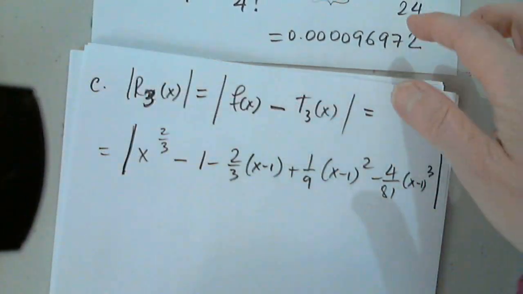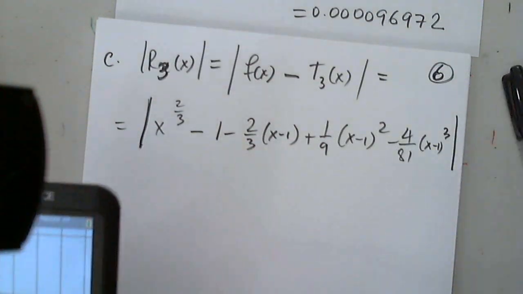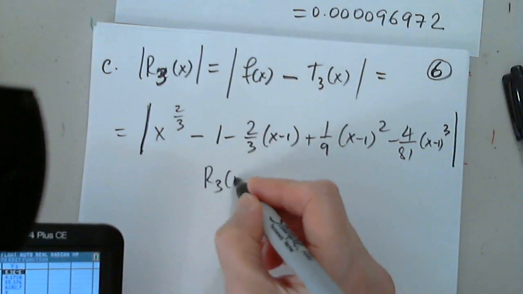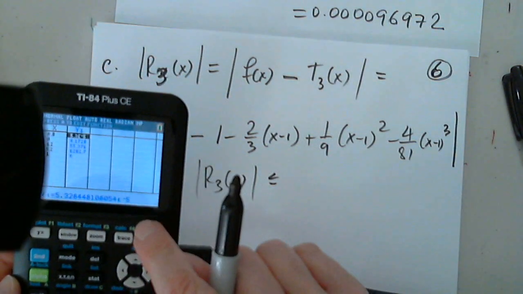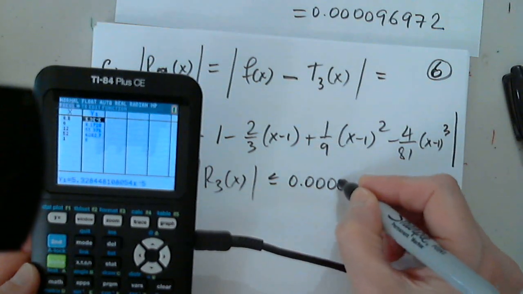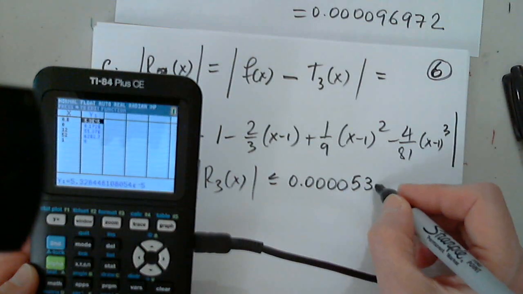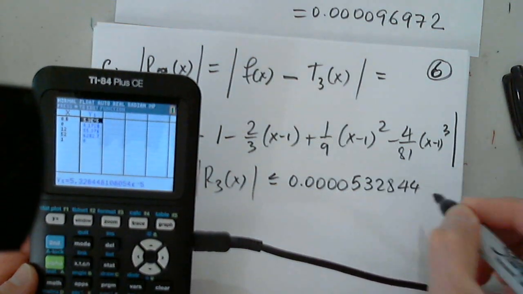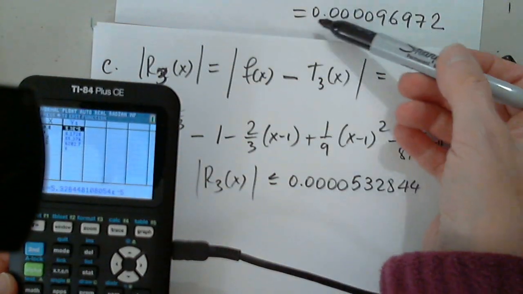So let me copy down this number. So we got that R3 of x in absolute value, according to the graph, is less than or equal to 0.12345328844. So 4 zeros.